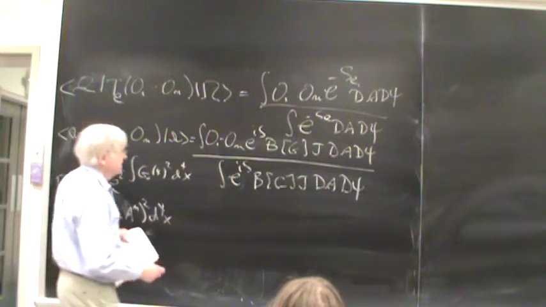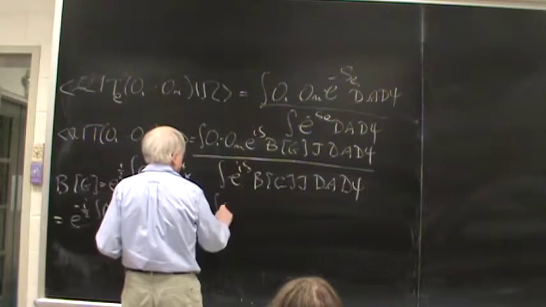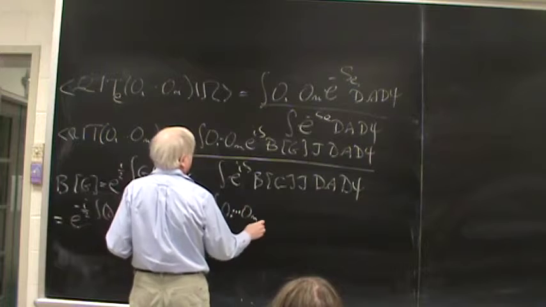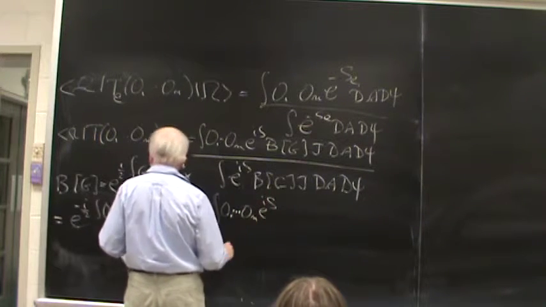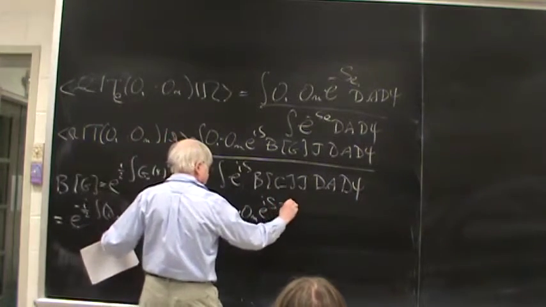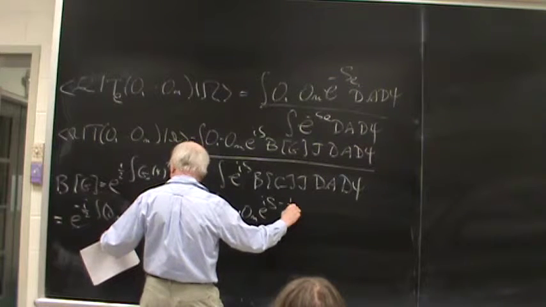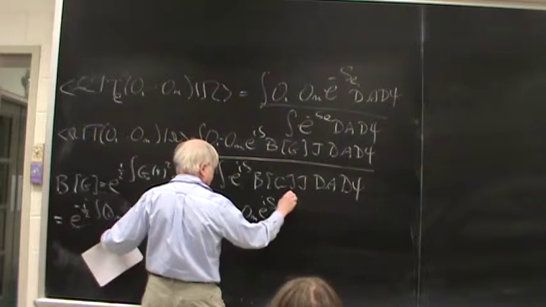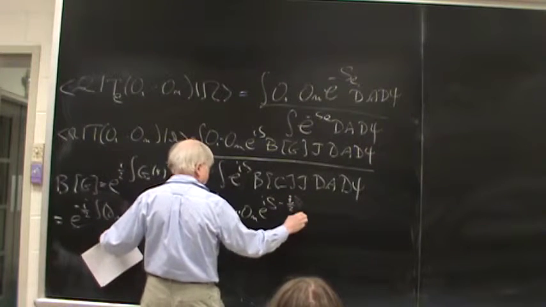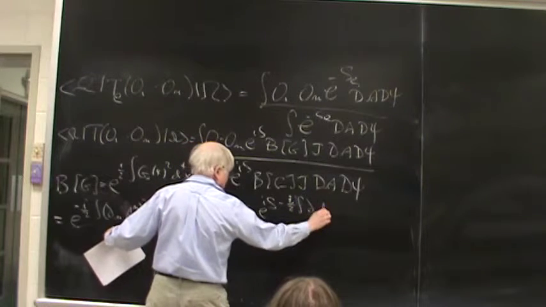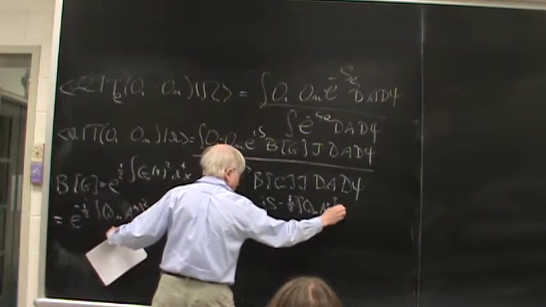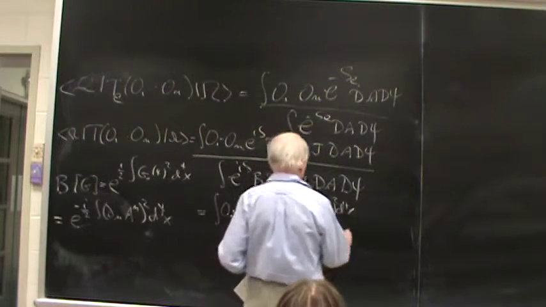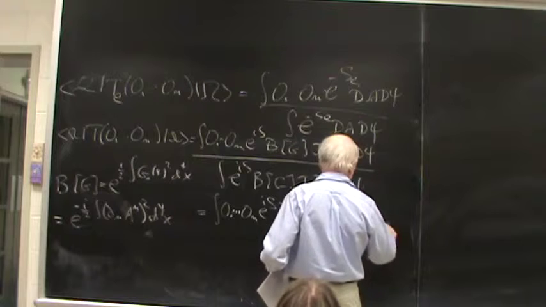Well, what does that mean? That means that this expression here is integral O1 ON e to the minus I over 2 integral d mu a mu squared d4 x, and then the rest of it is j dA d psi.